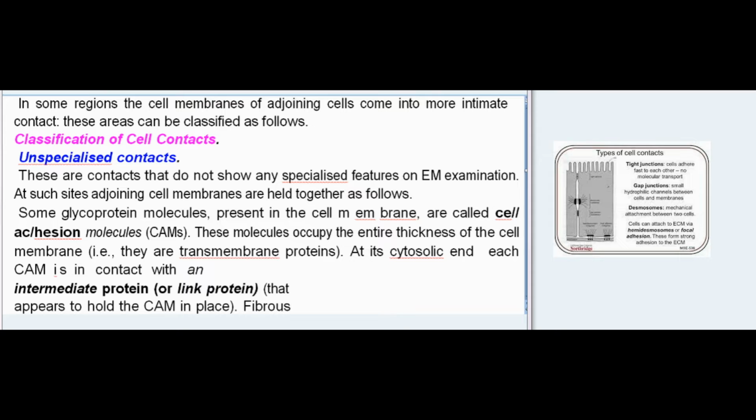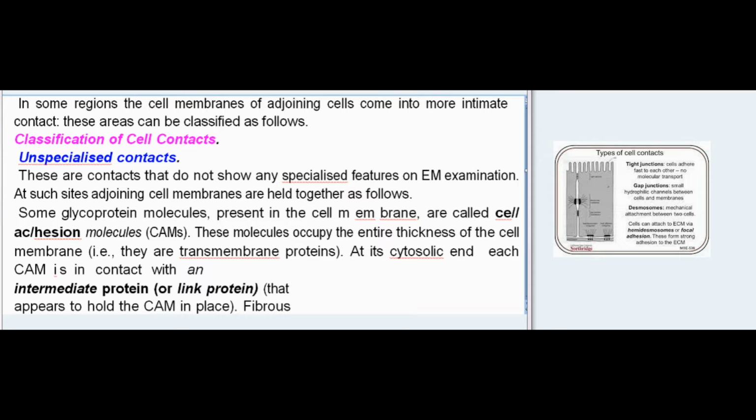Classification of cell contacts. Unspecialized contacts. These are contacts that do not show any specialized features on electron microscopic examination. At such sites adjoining cell membranes are held together as follows. Some glycoprotein molecules, present in the cell membrane, are called cell adhesion molecules, CAMs.